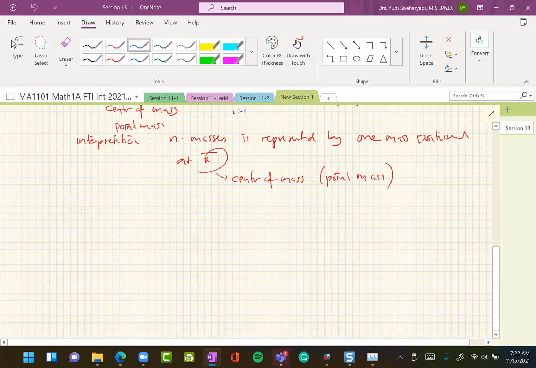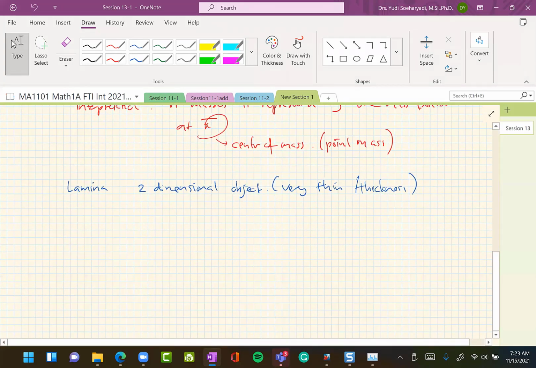What we call a lamina is a two-dimensional object, very thin, almost no thickness, small thickness, so it's almost like a plane.